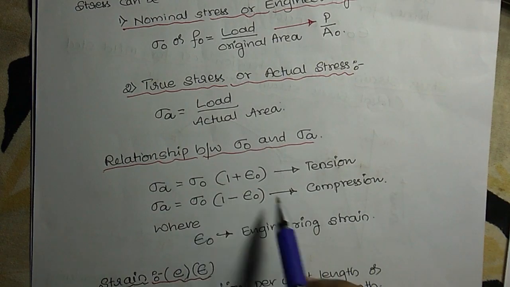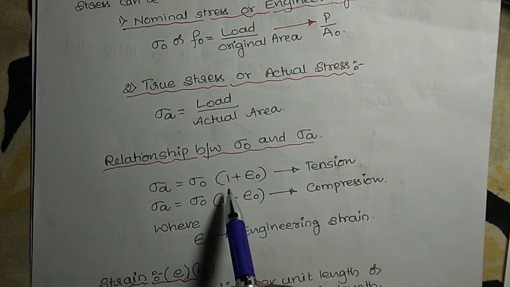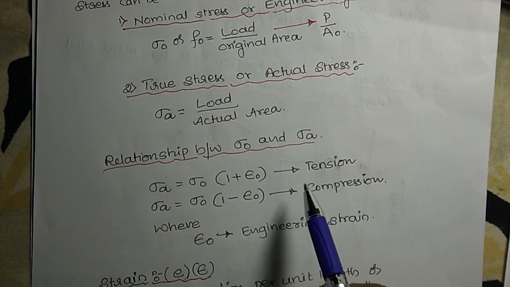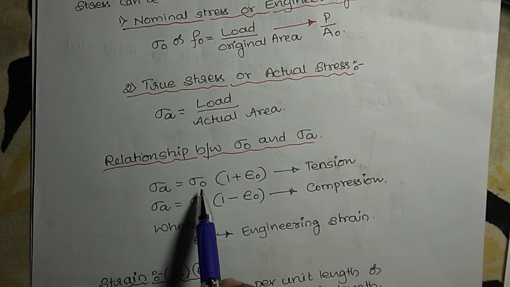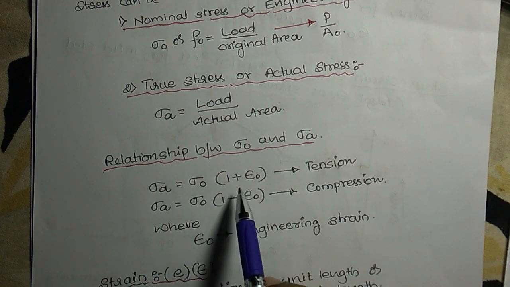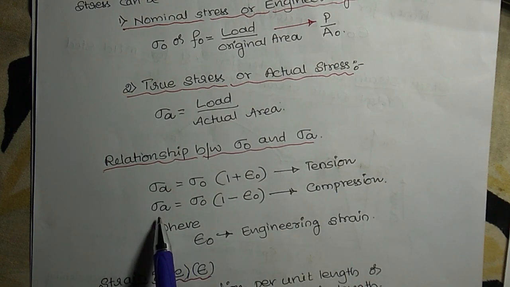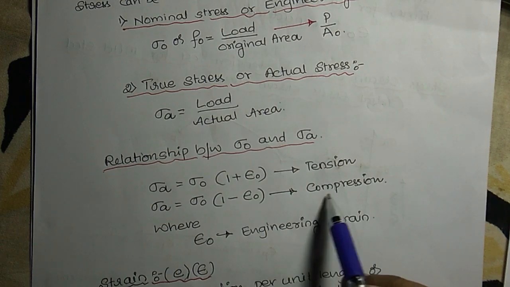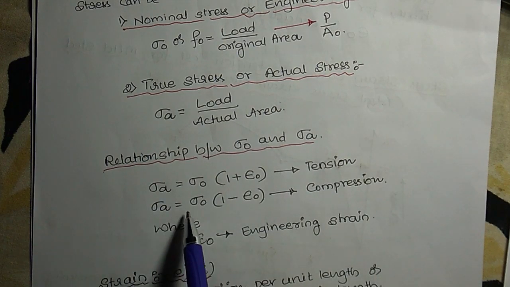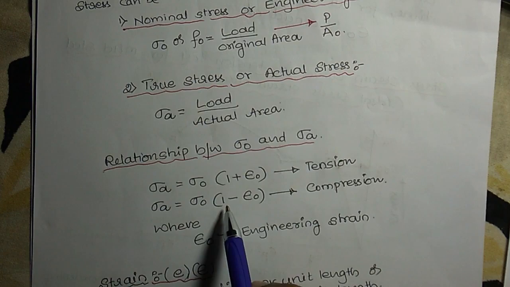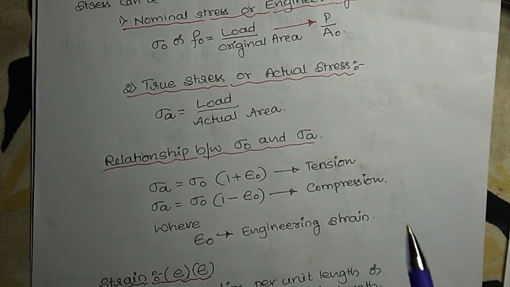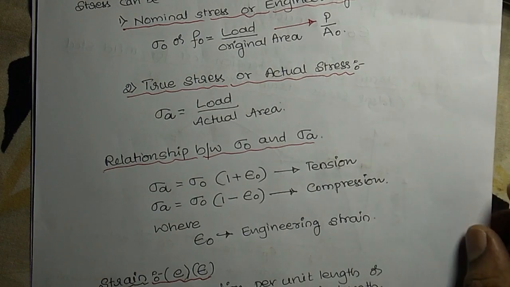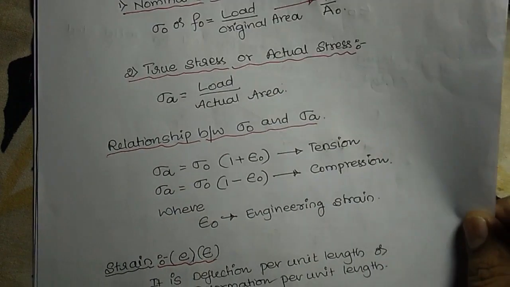If the load applied is tension, then the relationship is sigma A is equal to sigma naught into 1 plus epsilon naught, whereas if the applied load is compressive, then actual stress is nominal stress into 1 minus epsilon naught, where epsilon naught is the engineering strain. This is one of the formulas. You should remember this formula.